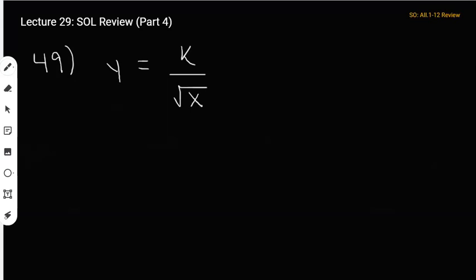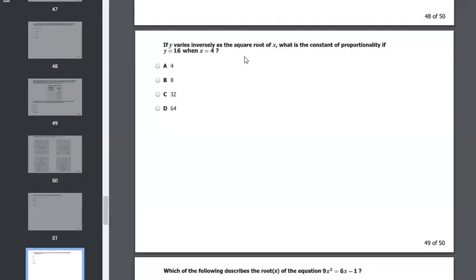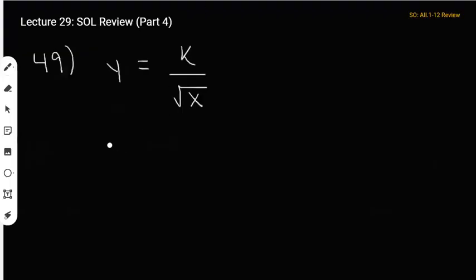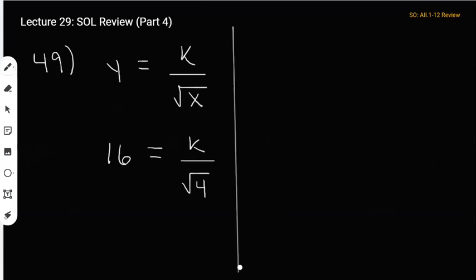So that's my equation. And then it says y is 16, x equals 4. So basically I have this. Now I can take the square root of 4. That's going to be 2.